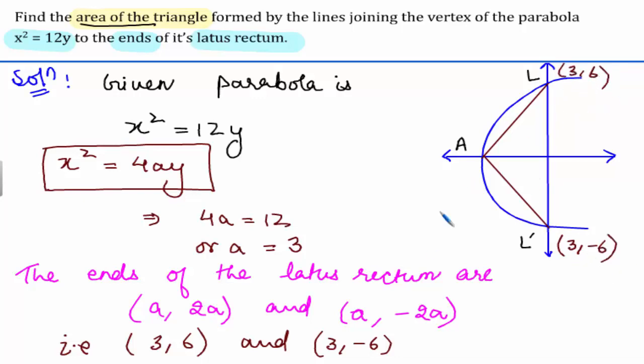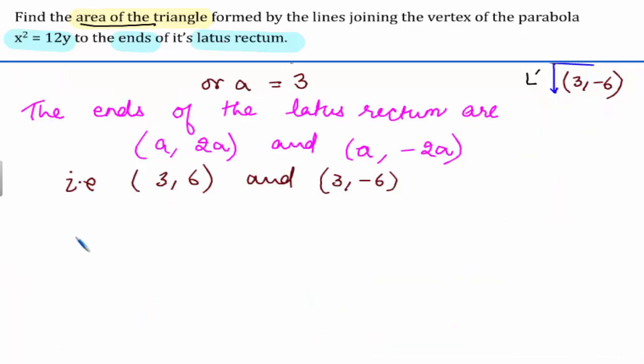Now the coordinates of the point L are 3 and 6. This implies that if this point is O, then OL is 6 and OA is 3. Now as we can see that ALO is a right angle triangle at O. Therefore, area of triangle AOL is equal to half the base into height.